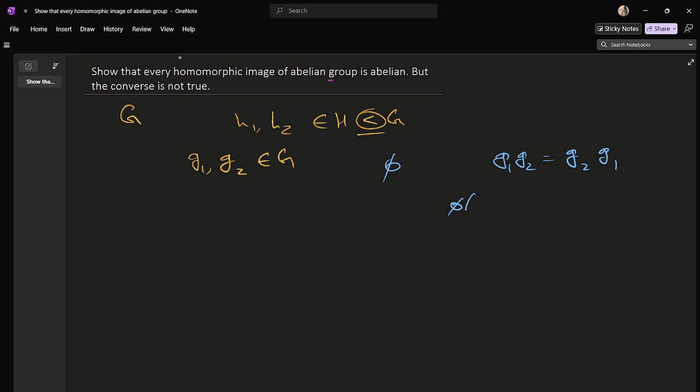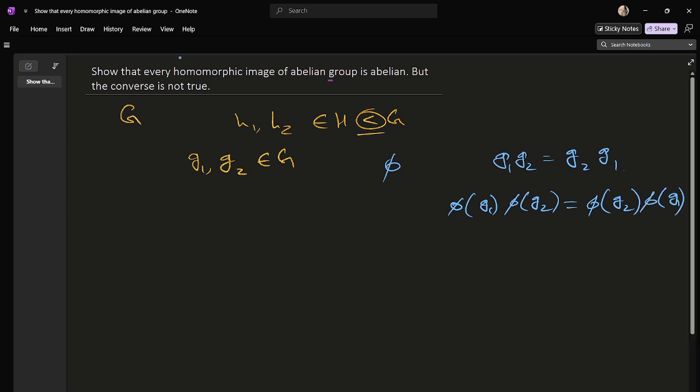So phi of g1, phi of g2 equals phi of g2 and phi of g1. Now this proves that H is also abelian. So our H is abelian. So the first part is done.